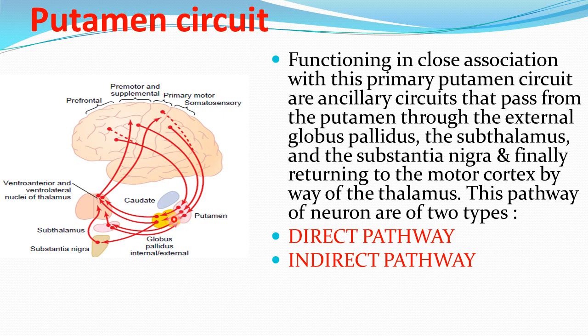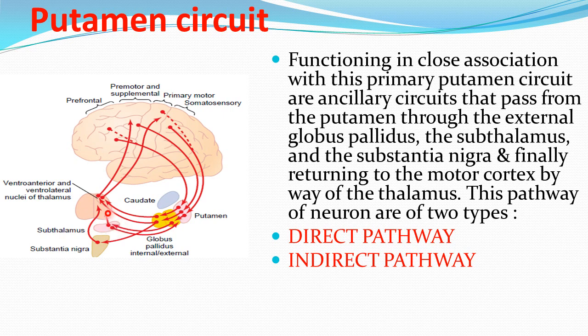Globus pallidus externus passes to the subthalamic nuclei. Here is the subthalamic nuclei. From subthalamic nuclei, it passes to the globus pallidus externus, and from globus pallidus externus, it passes to the globus pallidus internus, then thalamus, then cortex.